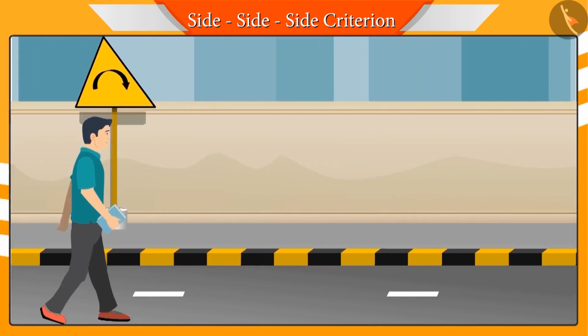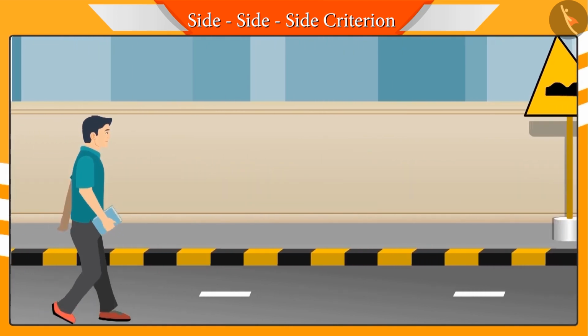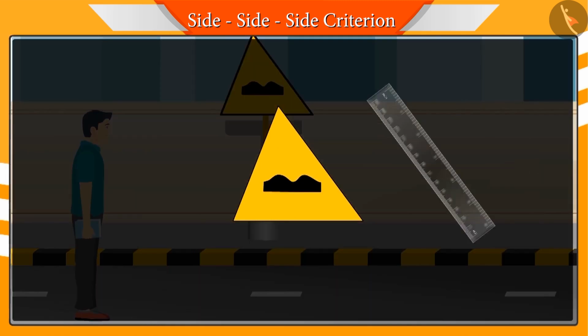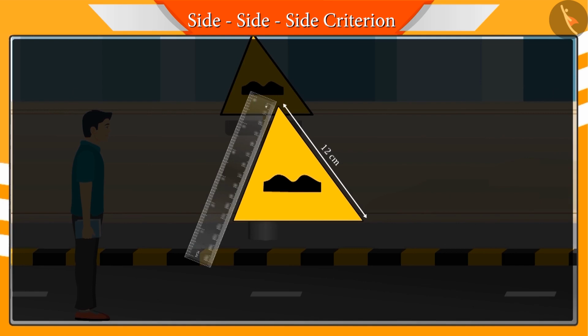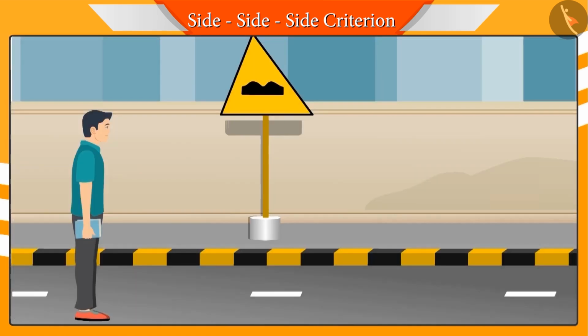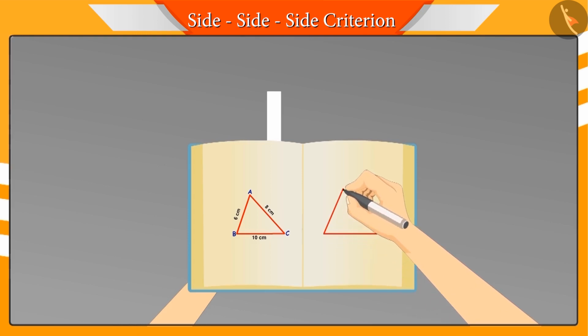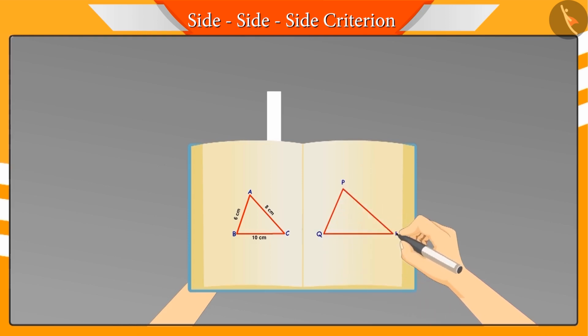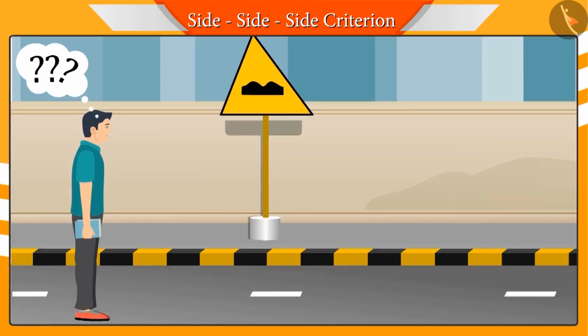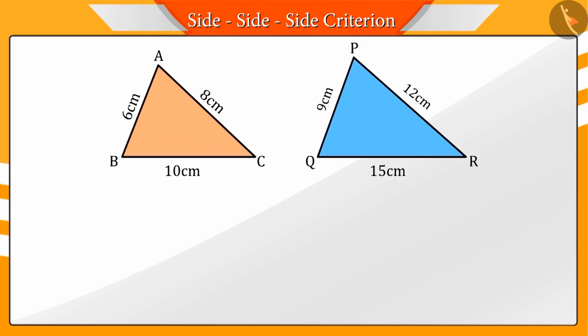After some time, he sees the third signboard and takes its measurement also and notes them into his diary. He wonders if all these triangular signboards are similar or not.